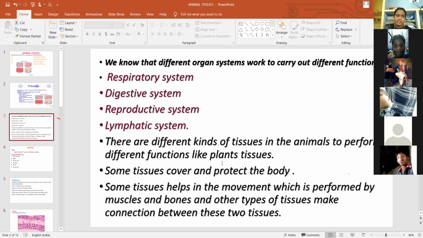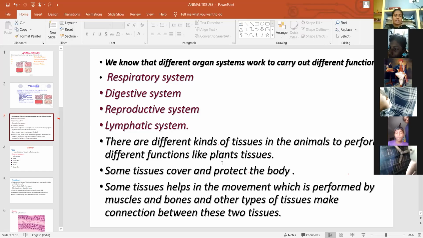Animals and plants are both living organisms, but some tissues cover and protect the plant body, and some tissues cover and protect the body of the animal.